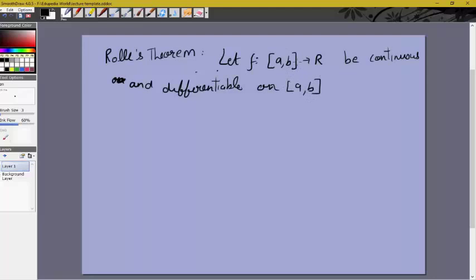So we have a function whose domain is [a, b], and we are given that it is differentiable and continuous in this domain, and also what we are given is f(a) is equal to f(b). That means the value of the function at the two endpoints, let's say this is a and this is b, both of them have the same value of y. f(a) is equal to f(b).